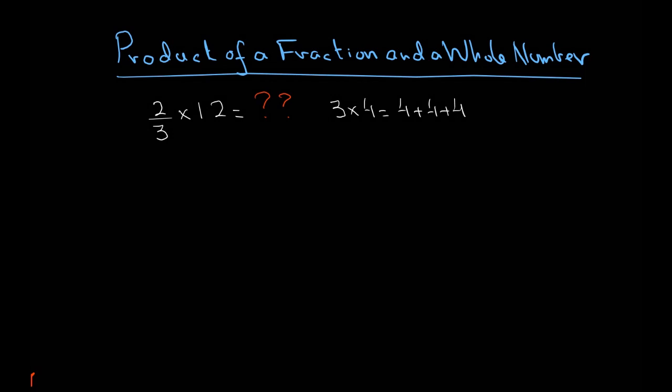So let's say we have a box, and let's imagine there are 12 eggs in the box. So here's a box, and the box has 12 eggs. Let's say 1, 2, 3, 4, 5, 6, 7, 8, 9, 10, 11, 12.